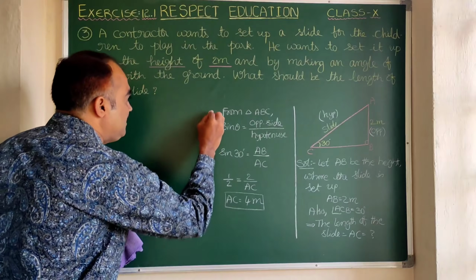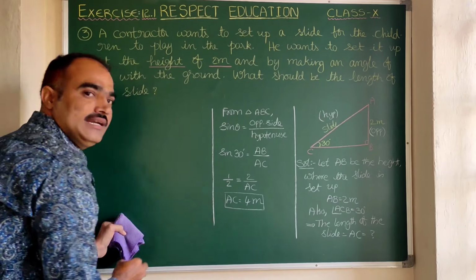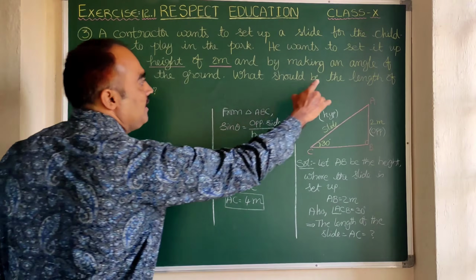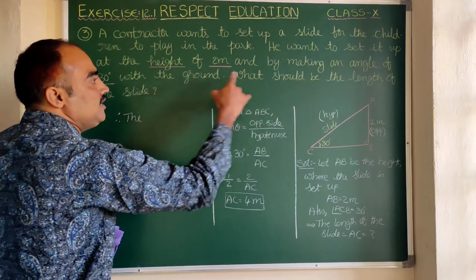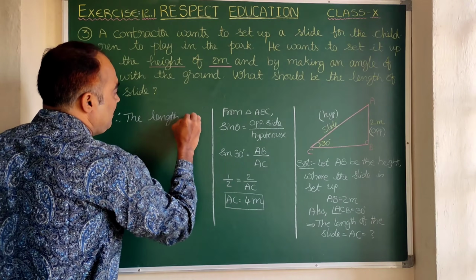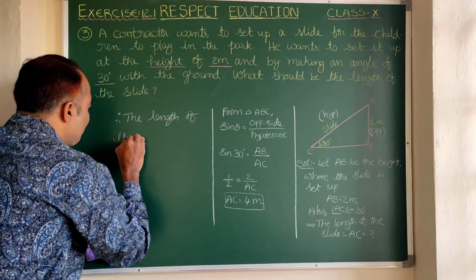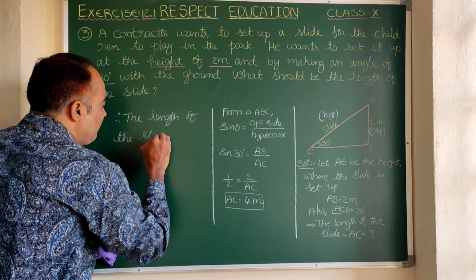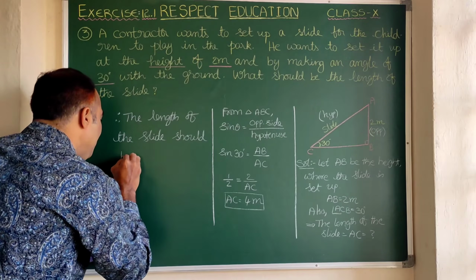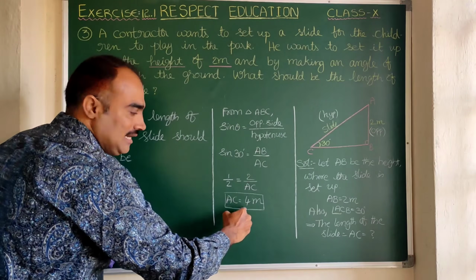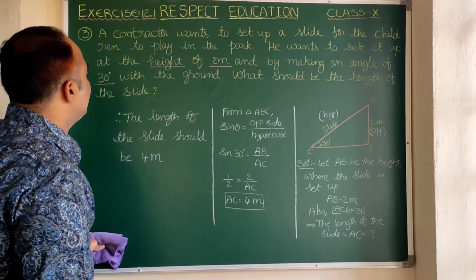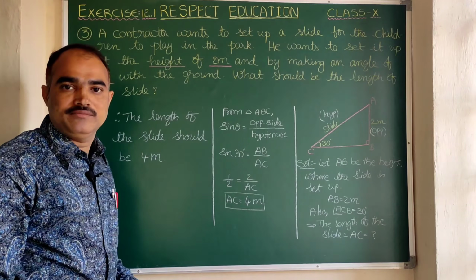Therefore, the length of the slide should be AC meters. Here AC means 4. So 4 meters. So with this, problem 3 gets completed.